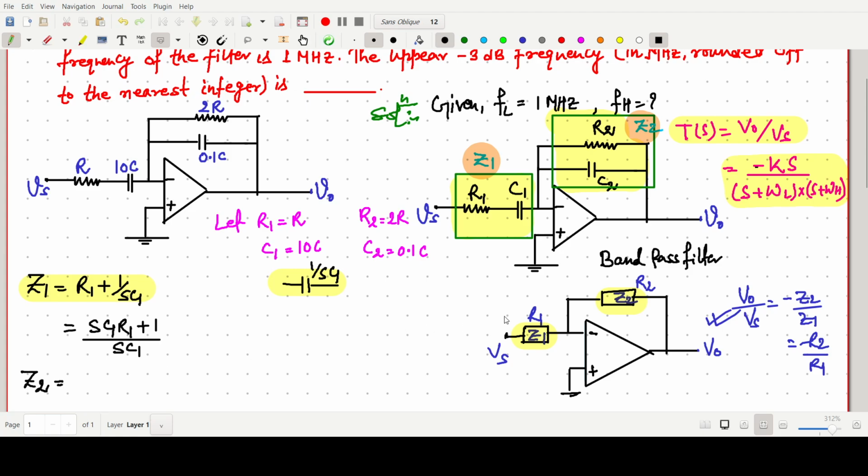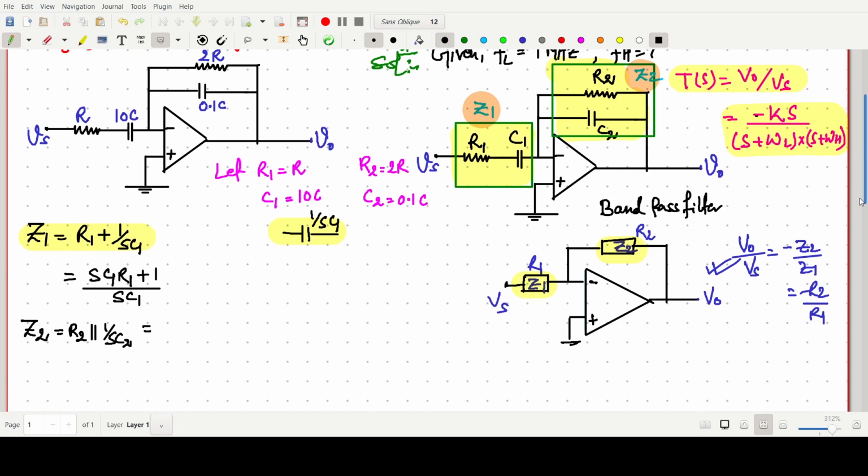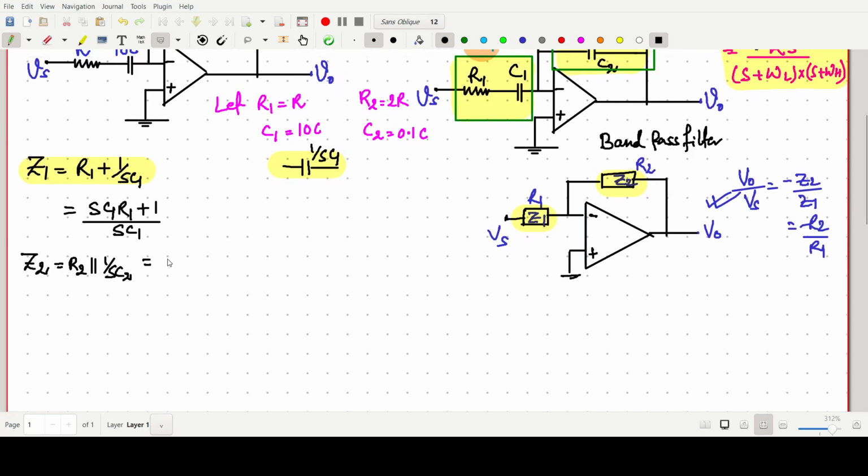Z2 is simply R2 parallel with the 1 by SC2 impedance. So this value will be R2 into 1 by SC2 divided by R2 plus 1 by SC2.